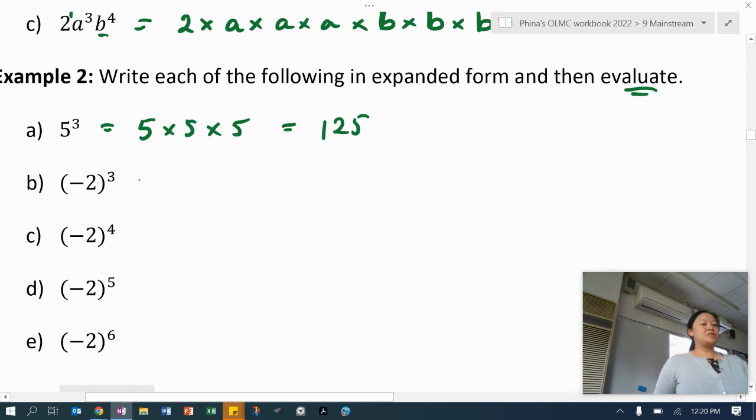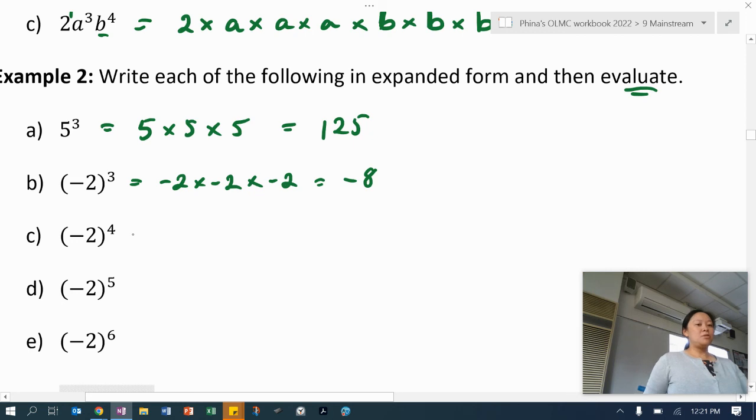All right, so the next few, I've done them on purpose for a reason, but we still do the same thing. So negative 2 to the power of 3, negative 2 times negative 2 times negative 2. So writing it out in expanded form. Then working it out, negative 2 times negative 2 is positive 4. Positive 4 times negative 2, negative 8.